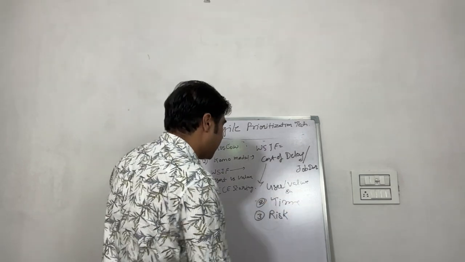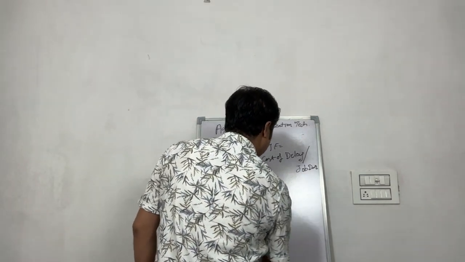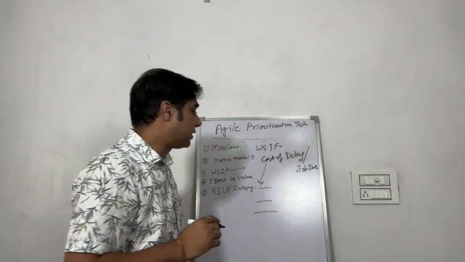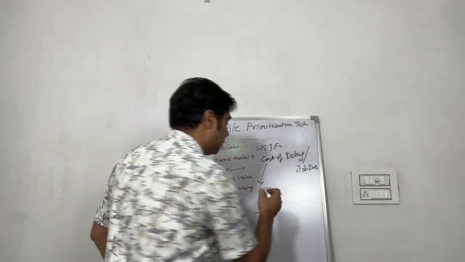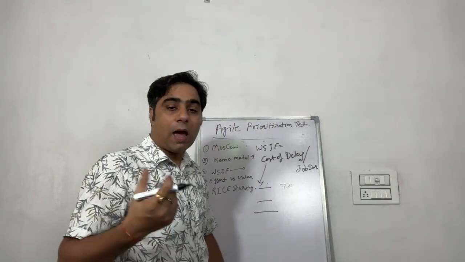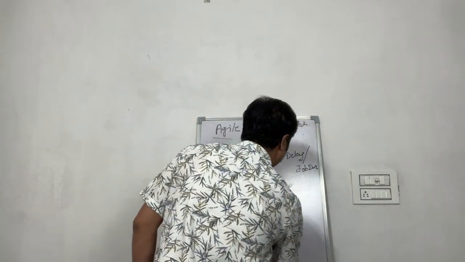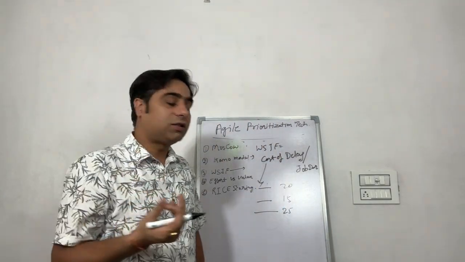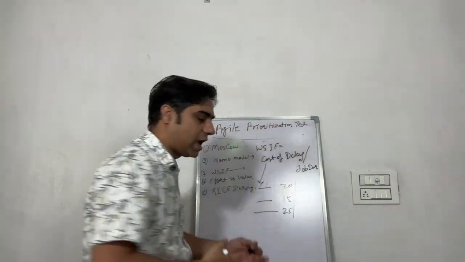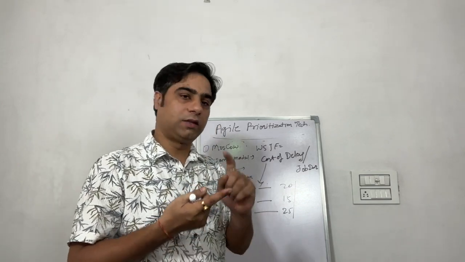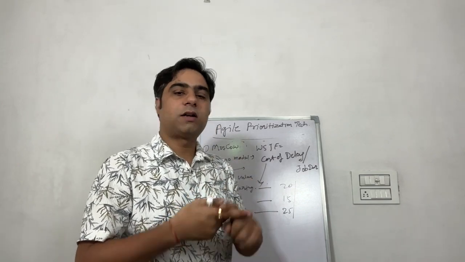So let's take an example. Let's suppose we have three features, feature A, feature B and feature C. The cost of delay for the first comes to 20, the second cost of delay comes to 15, and the third comes to 25. And the job size means how much time or effort it will take; you can take one parameter, either days, months, or hours, whatever it is.